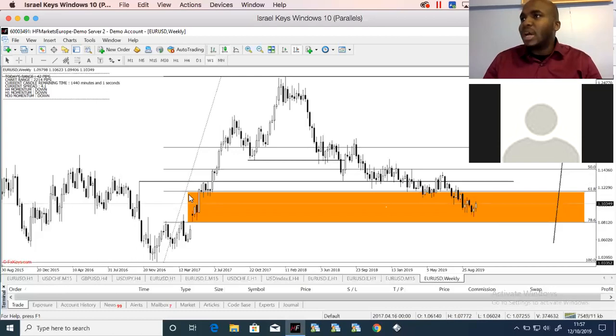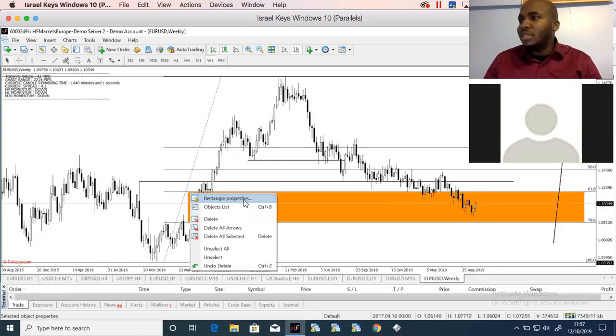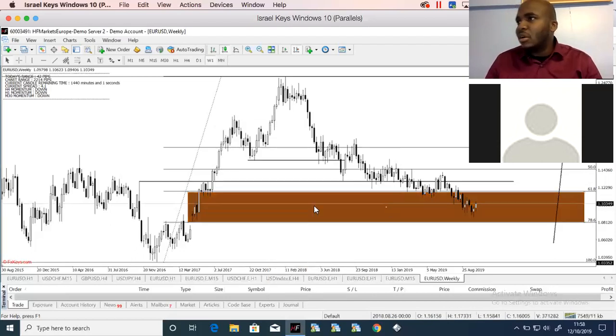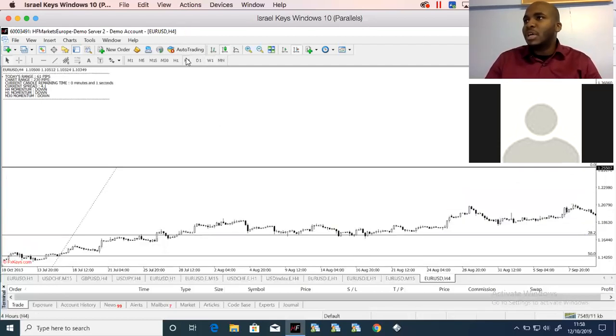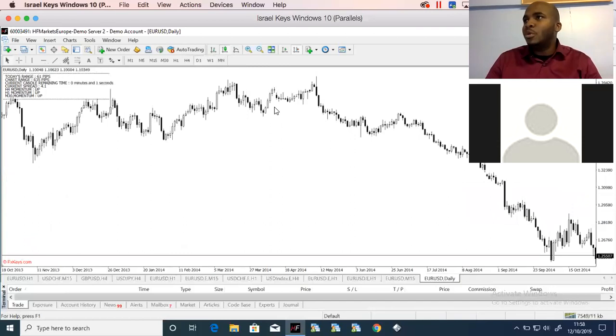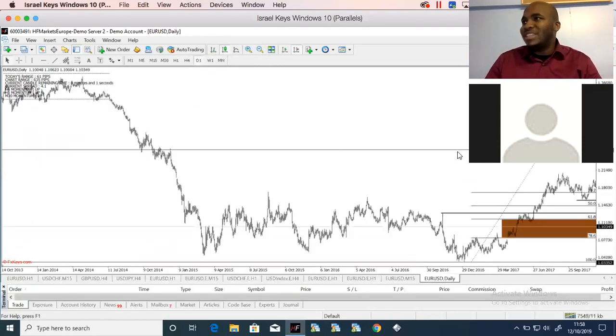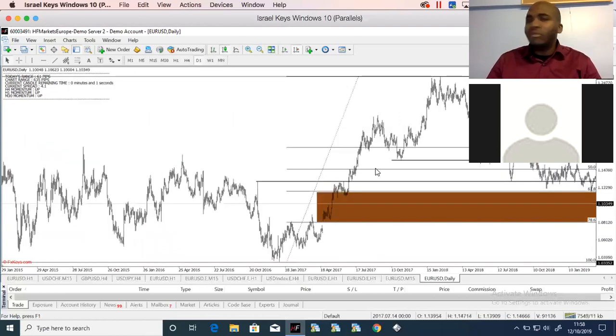In line with my cadence, I have color schemes to let me know what different shapes mean on different levels. My weekly color scheme is this color, saddle brown. So when I go down my chart levels, whichever level I get to, when I see that color, I know that's a weekly level.